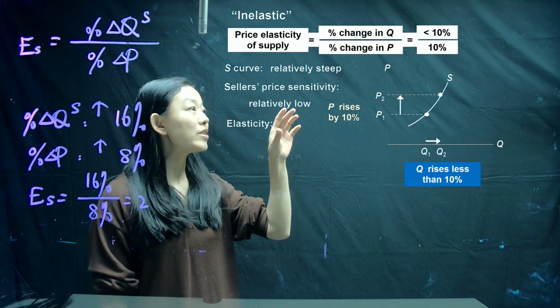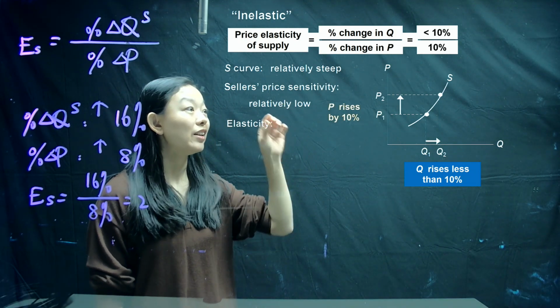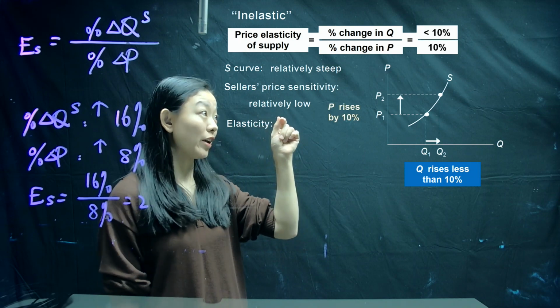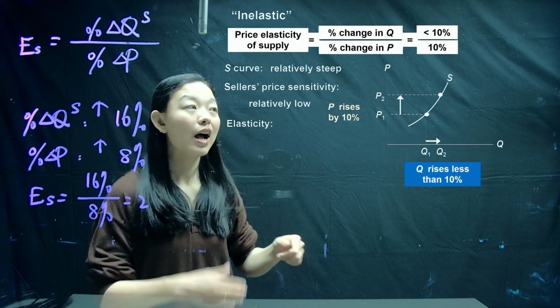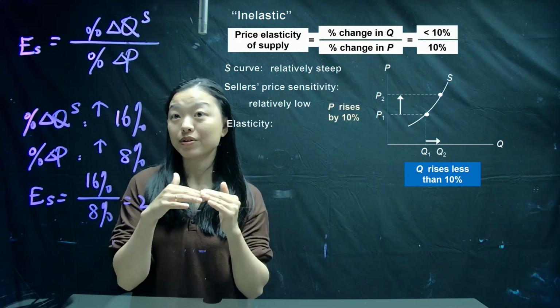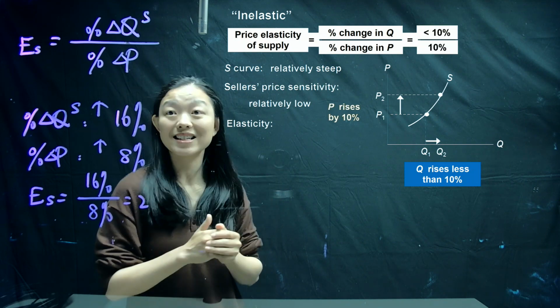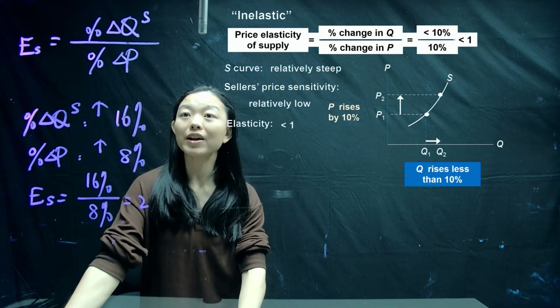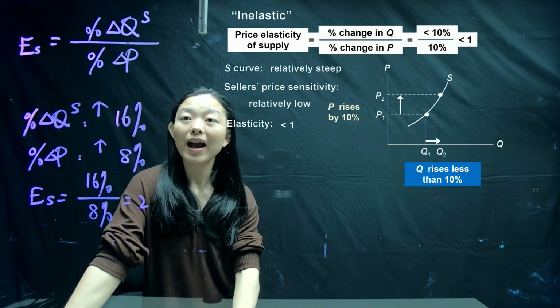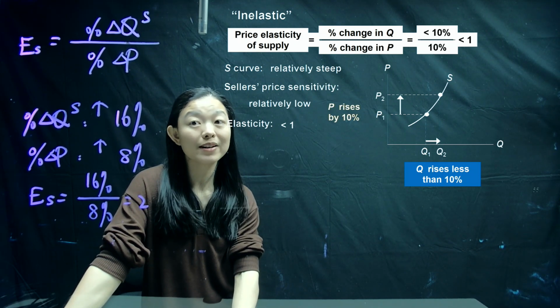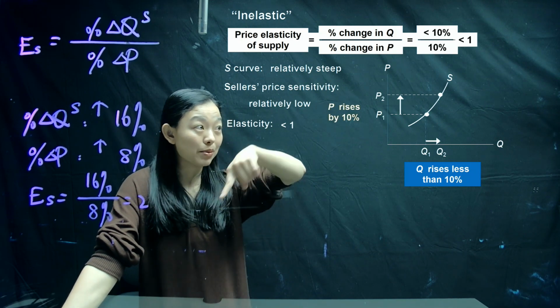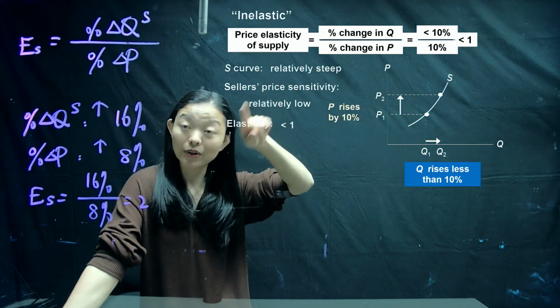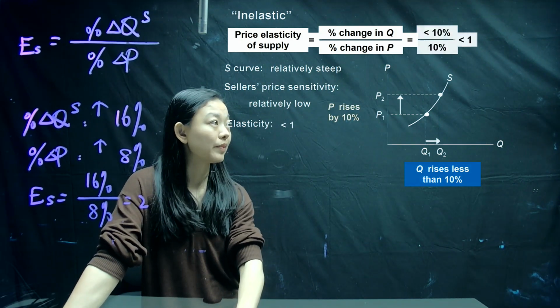Based on this formula, the numerator changes by less than 10%, while the denominator changes by 10%, which makes our price elasticity of supply less than 1. So if it's inelastic, the price elasticity of supply is less than 1, and the supply curve is steep.